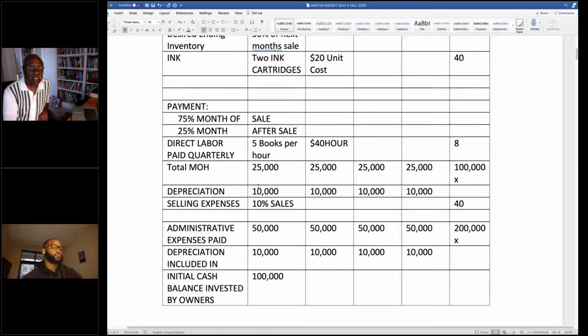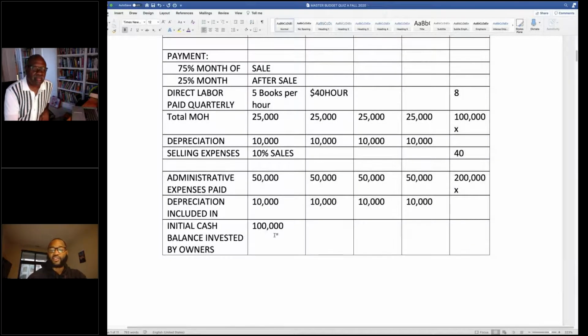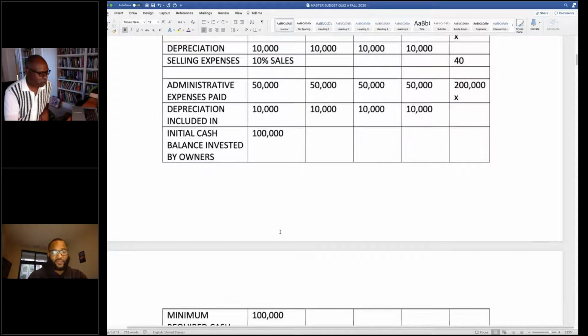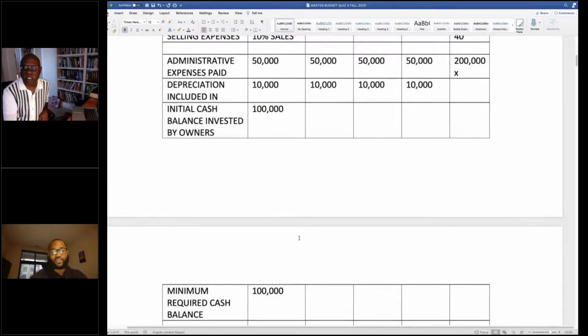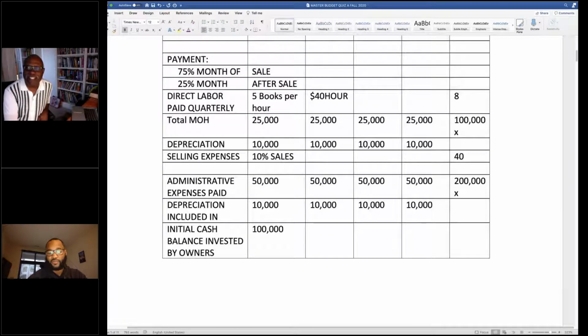Total overhead, depreciation, administrative expense. The fixed costs are gonna look like this. Yeah, I was having a hard time finding that because I'm using the Excel document, and it's not what you sent us to look at for the problem. It's fine.